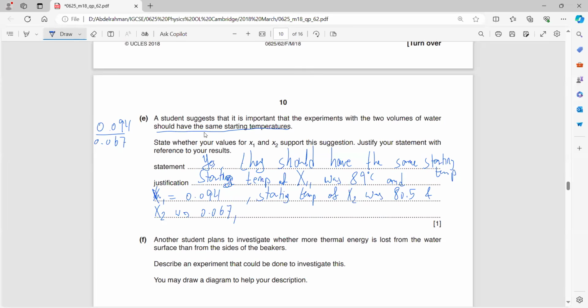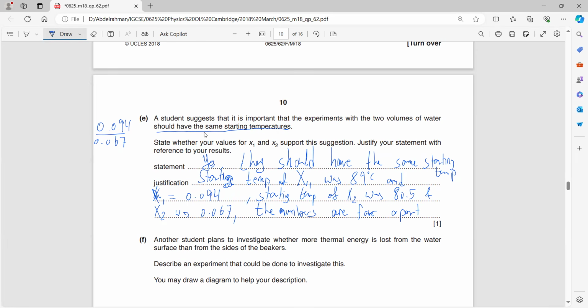The numbers are very far apart. The numbers 0.094 and 0.067 are far apart. They are exceeding the limits of experimental errors. If they have the same temperatures or not? Yes, they do not have the same.